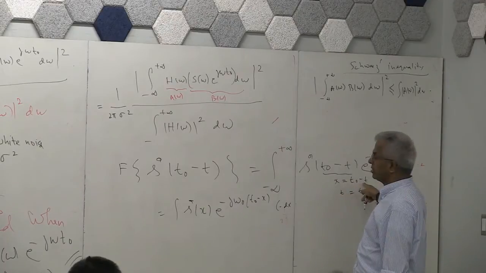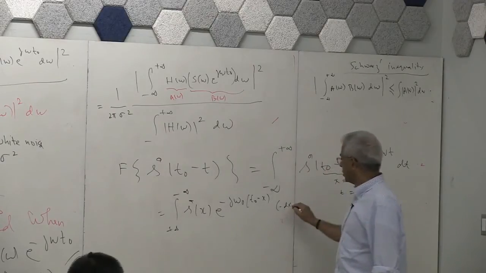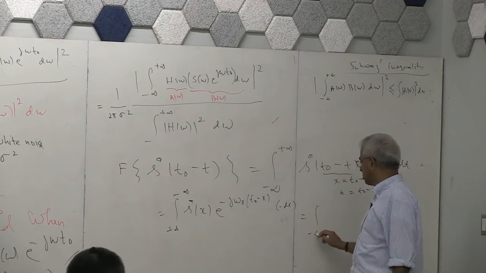When t is minus infinity, this is plus infinity, and this is minus infinity. Because of the minus, the limits will change back, right?